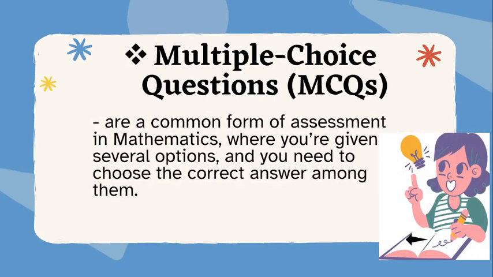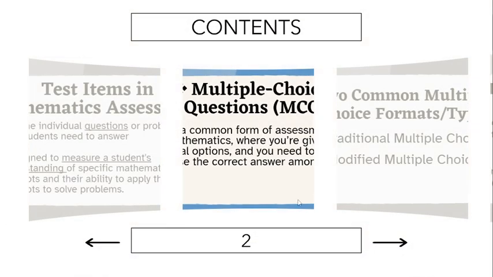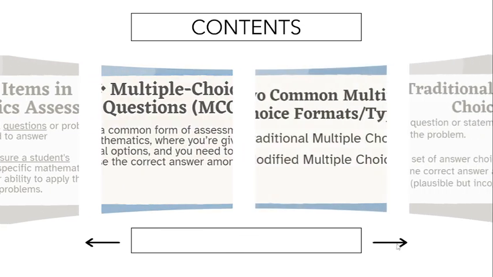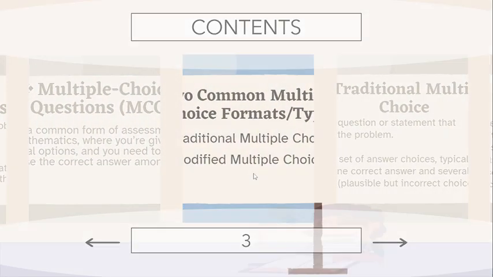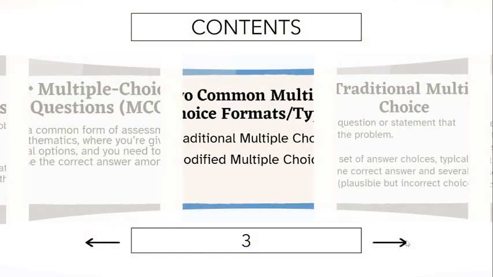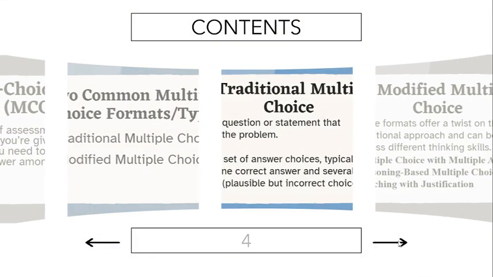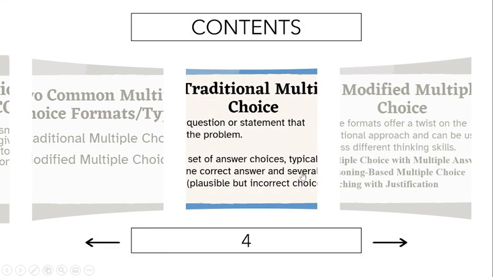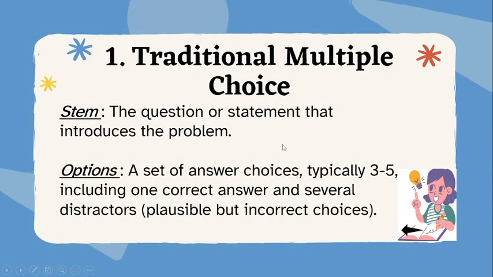So there are two types of multiple choice questions. These are the traditional multiple choice and the modified multiple choice. In the traditional multiple choice, it is the common format that we know.